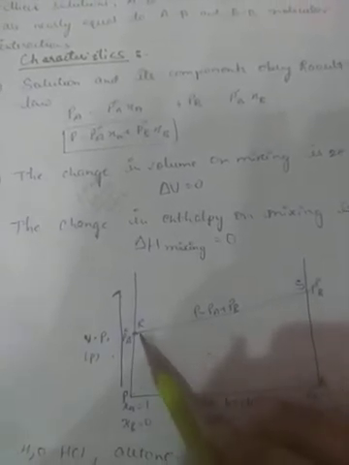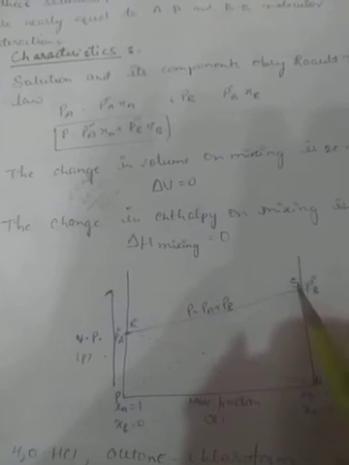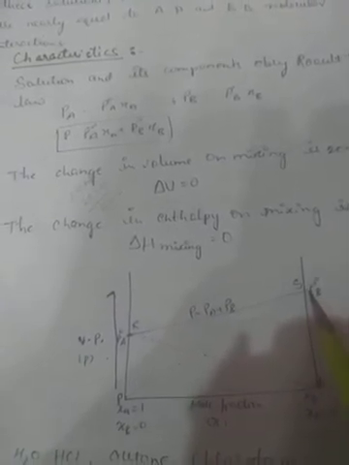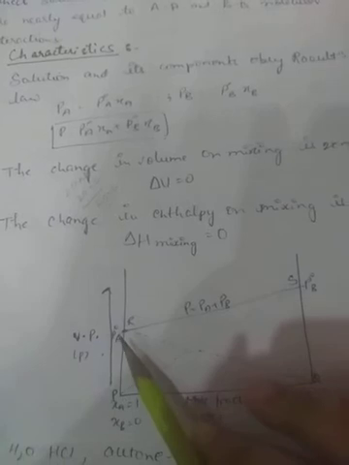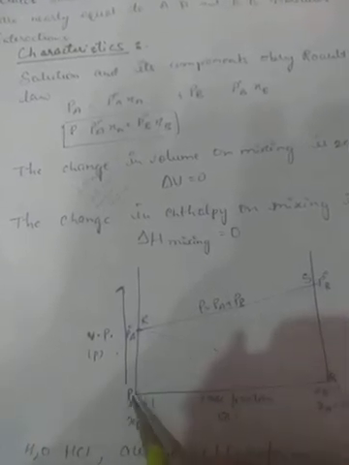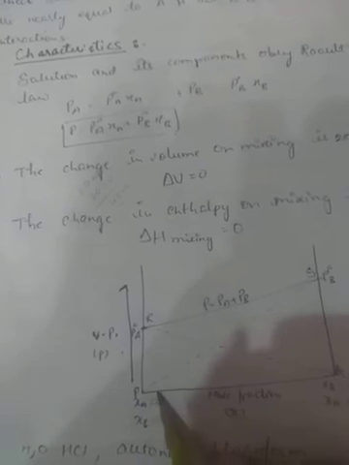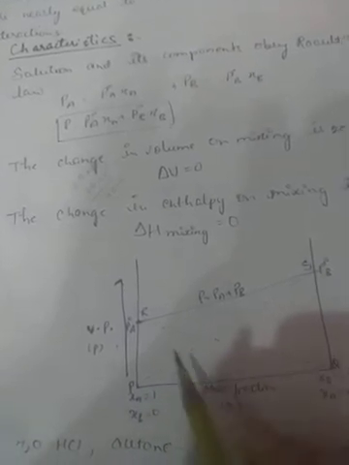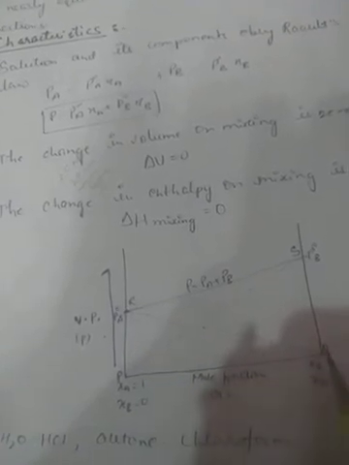With this graph we can see that the vapor pressure of component B is greater than the vapor pressure of component A. It means at the same temperature it will vaporize more, its vapor pressure is more. Now, as the mole fraction of A decreases, its vapor pressure also decreases, and at point Q the mole fraction of component A becomes 0, and the vapor pressure of component A also becomes 0.